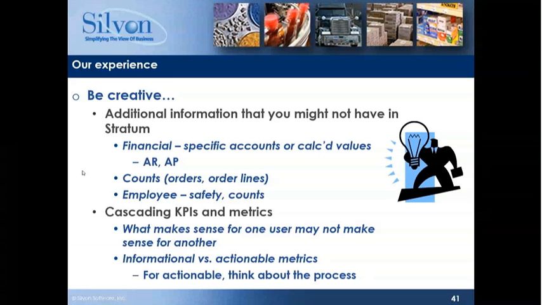Another thing to consider as you put information up, one of the questions is, is the dashboard informational, or is it actionable? And as you think about actionable metrics, you need to remember that if you put up some kind of a margin number, the question is, and you expect people to take action on it, can they affect the margin, or can they affect certain parts of the margin?